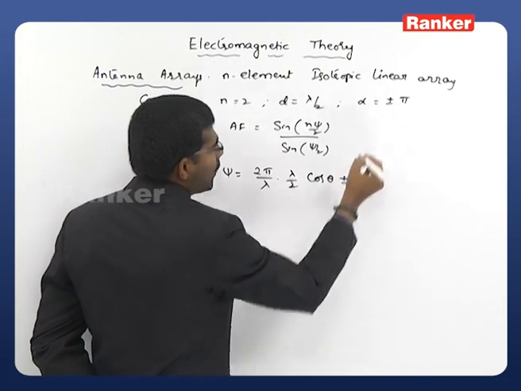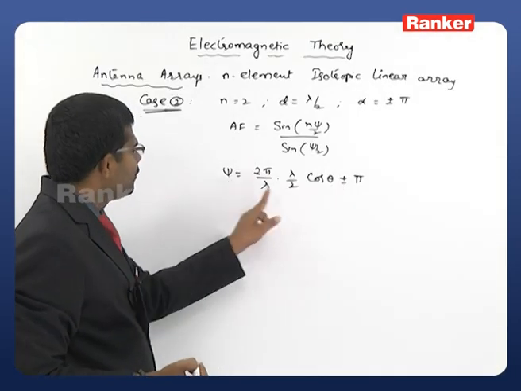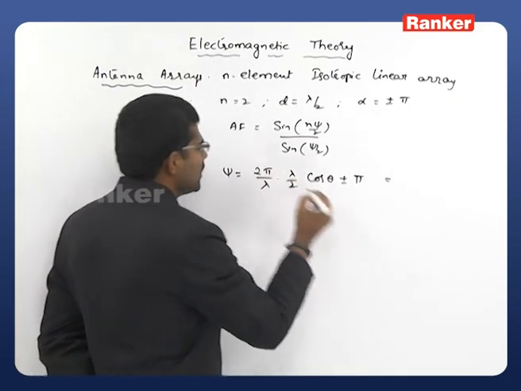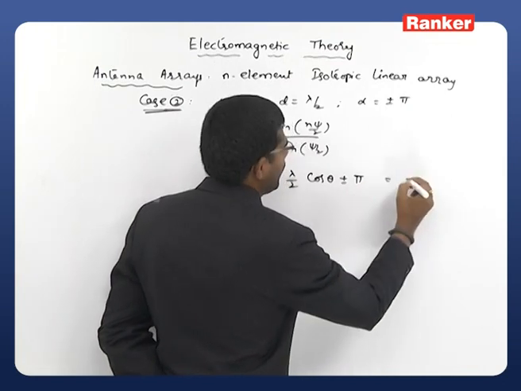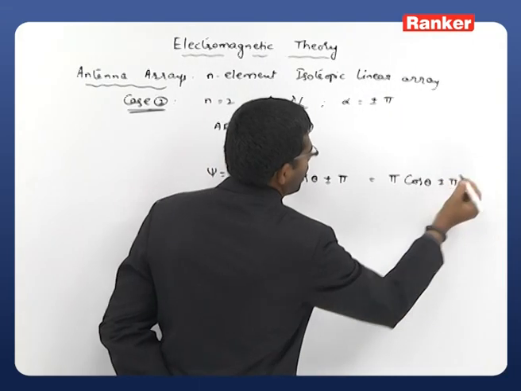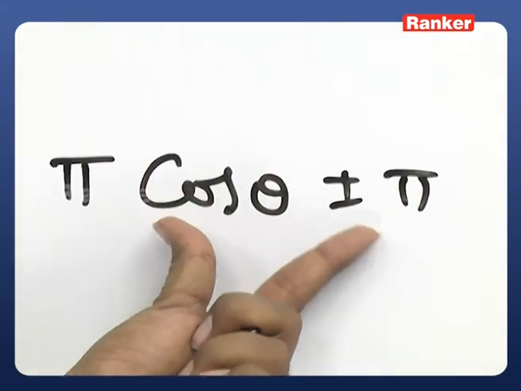Here, instead of alpha I am writing plus or minus pi. So this is the value of psi now. Simply, lambda will be cancelled, the 2 will be cancelled, and it is pi cos theta plus or minus pi. So whenever you have this psi, just substitute pi cos theta plus or minus pi.